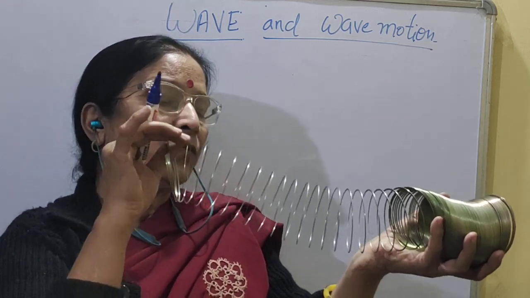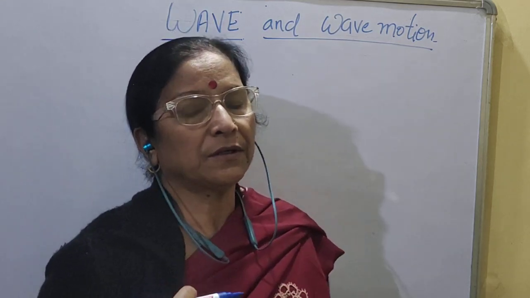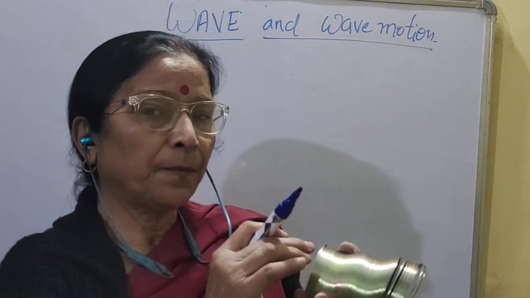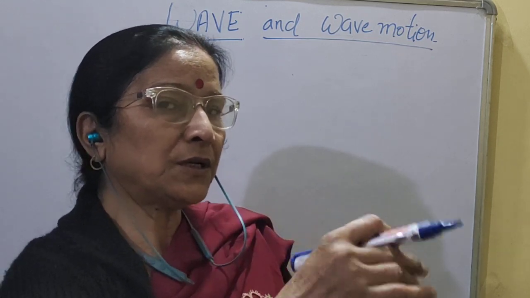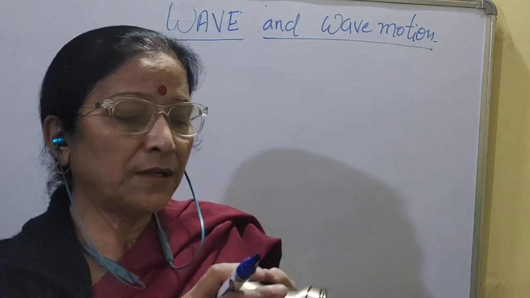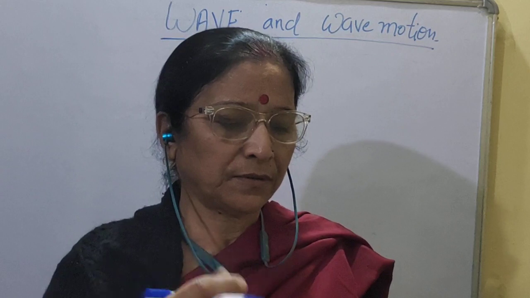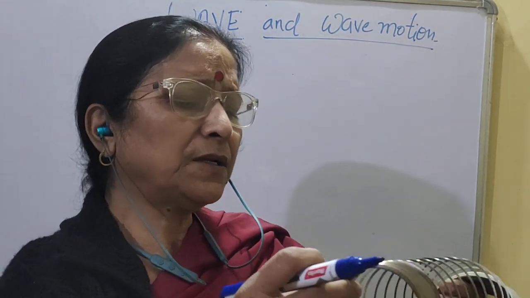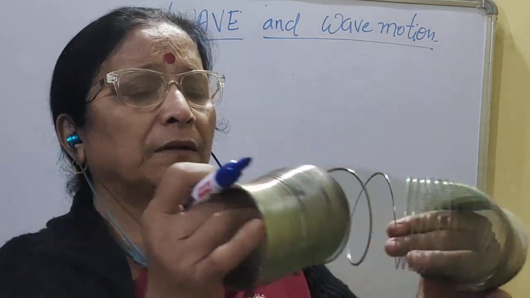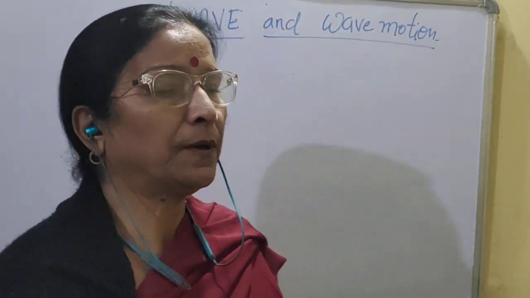Then we will see that all the turnings of the slinky get disturbed, means that disturbance starts propagating, traveling from this end to this end of the slinky. And what is a slinky? A slinky is a coil-like thing made of soft metal, made such that its shape can be changed, and then different kinds of waves can be shown on this one.